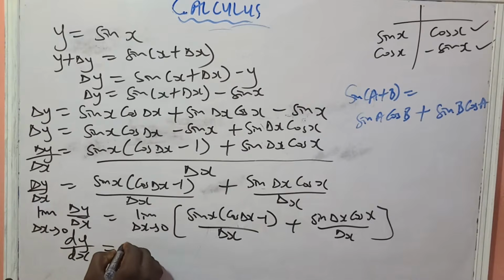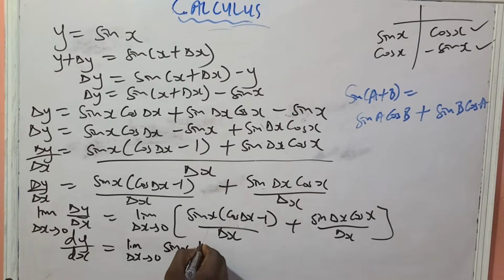If you follow the last one we did, you split it up like this. You write your sine x here, and you split for the other side: the limit as change in x tends to 0 of cos change in x minus 1 over change in x. I'm sure you can follow.